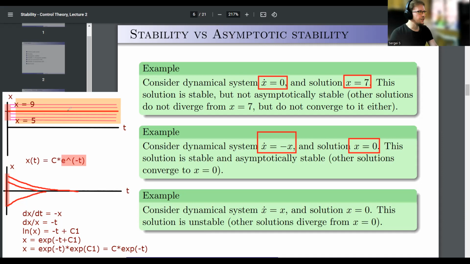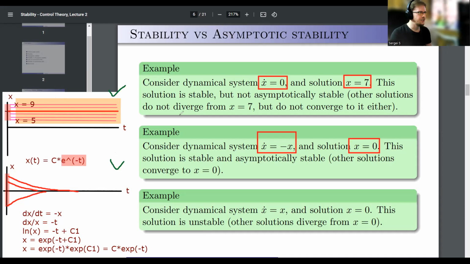Notice that marginal stability is a way to say that the system is stable, but not necessarily asymptotically stable. So stability is a weaker condition, and we often say marginally stable to describe this type of situation. This is marginally stable.